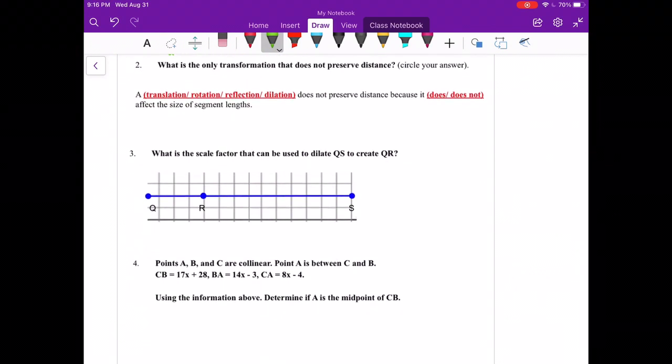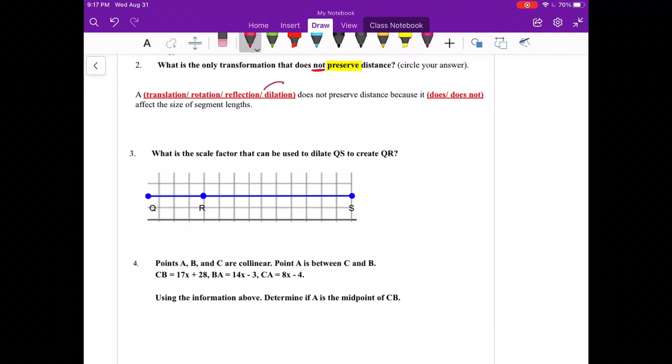Question number 2 asks, what's the only transformation that does not preserve distance? Well, first we need to know what preserve means. I'm actually going to highlight this word for us so we know that this is a vocab word. Remember, preserve means to keep the same.